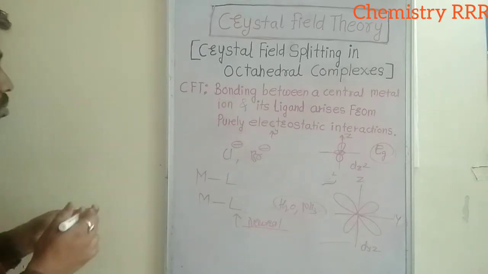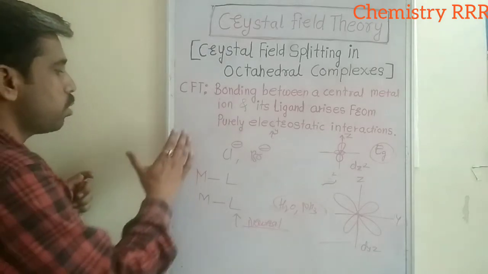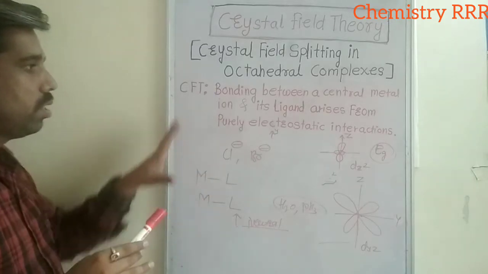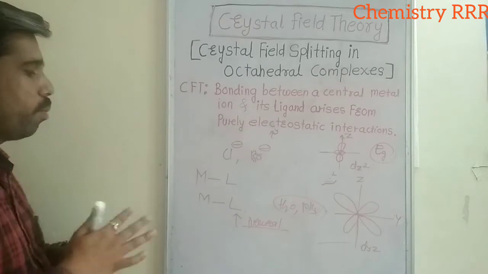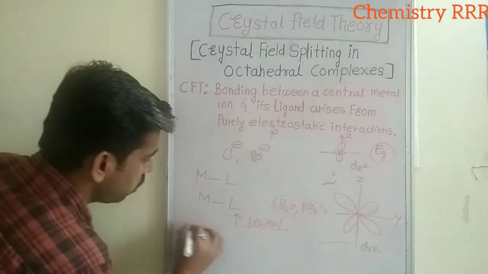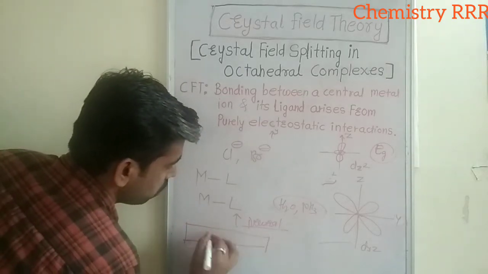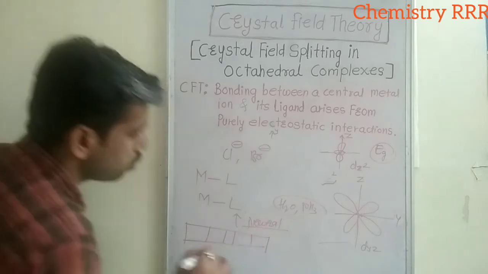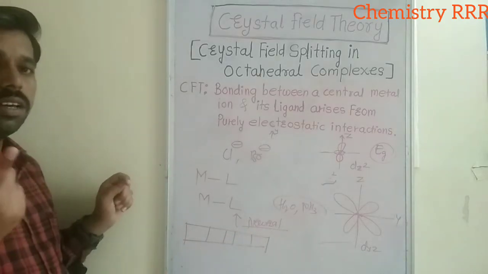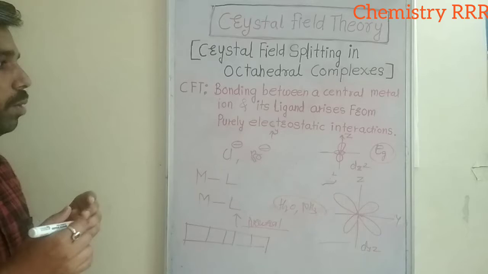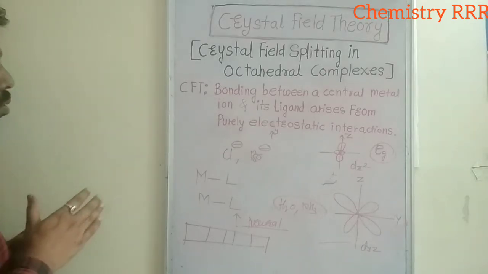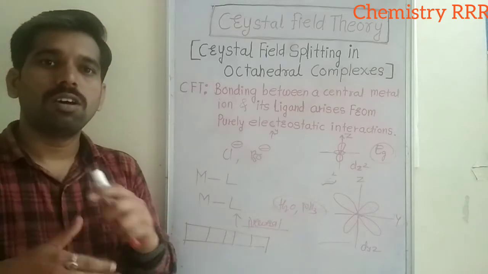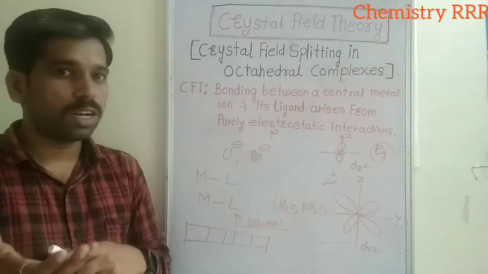So, in the presence of ligand, the d orbitals, which are at the degenerate level, split into two sets, that is T2g set and Eg set. It depends on the geometry of the complexes, whether it is an octahedral complex, tetrahedral complex or square planar complex.